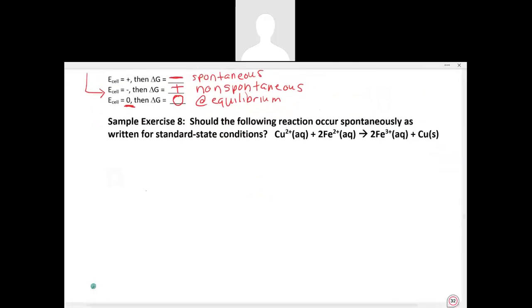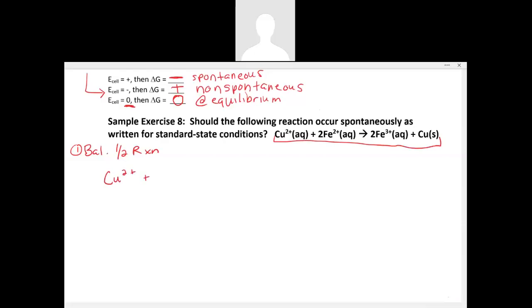We're asked to figure out if this reaction, as it's written right here, would occur spontaneously for standard state conditions. So again, standard state applies. Step 1, we'll have to balance our half reactions. Let me break this into two equations.